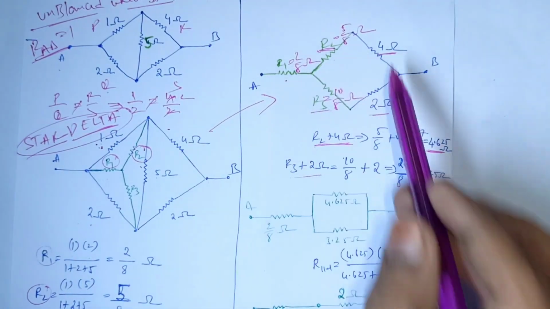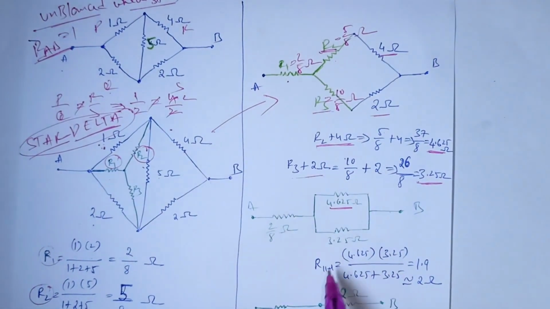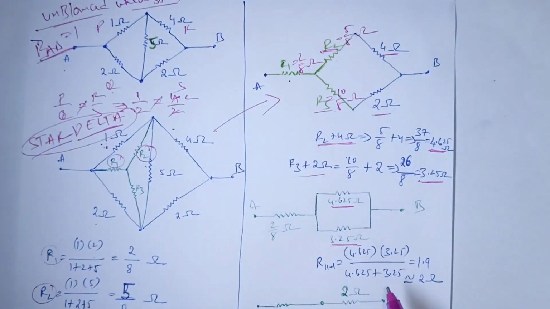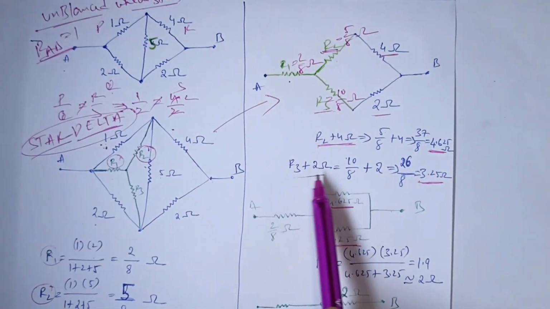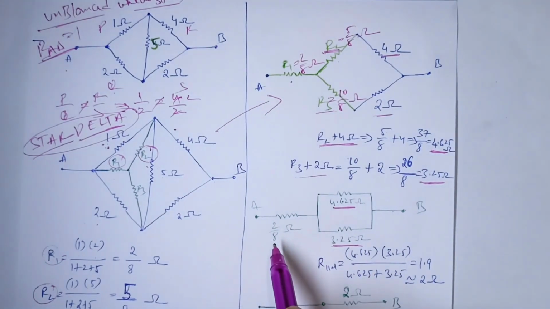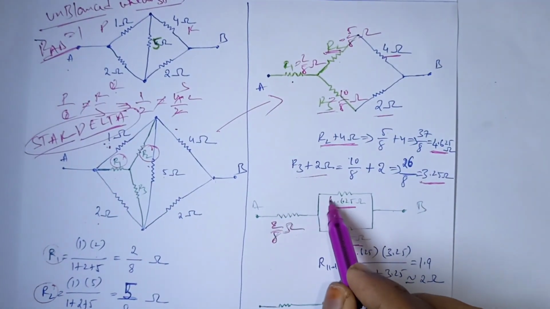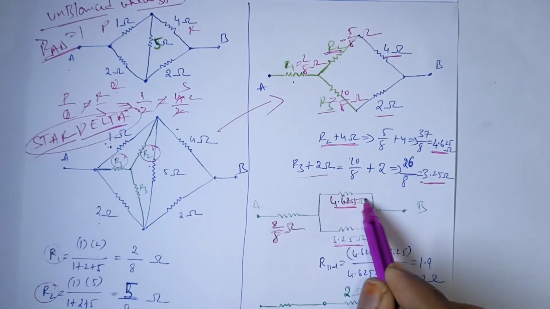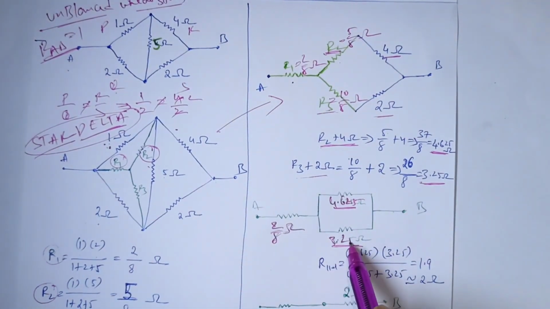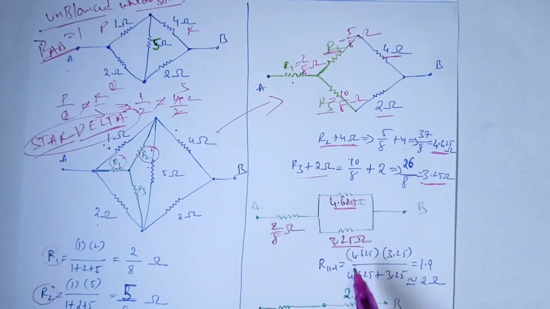The two resultants are 4.625 and 3.25 ohm, and these two are parallel.